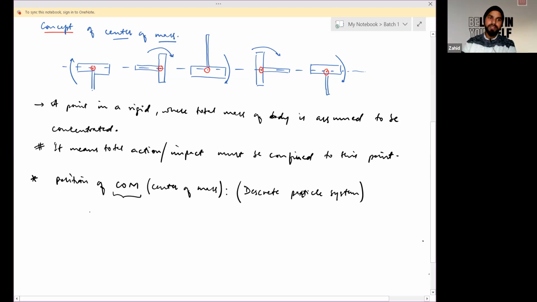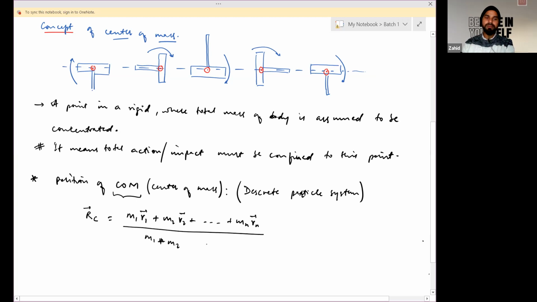For this, we use R center of mass equals m1 r1 plus m2 r2 plus so on to mn rn, divided by m1 plus m2 plus so on to mn.